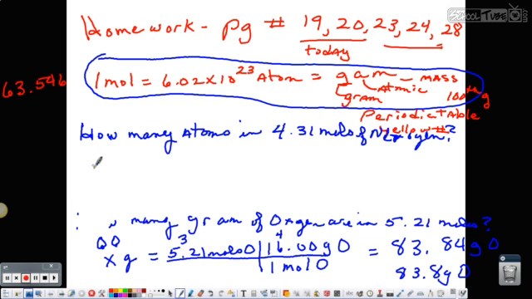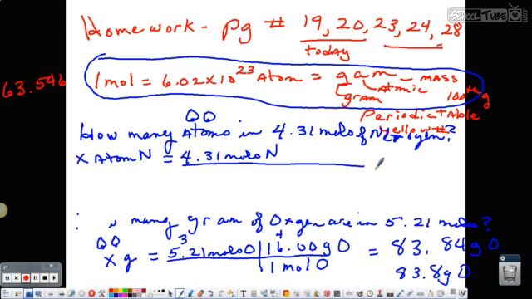Alright, what am I looking for? I'm looking for atoms. So X atoms nitrogen. The symbol for nitrogen is an N. Equals, what do I know? 4.31 moles nitrogen.